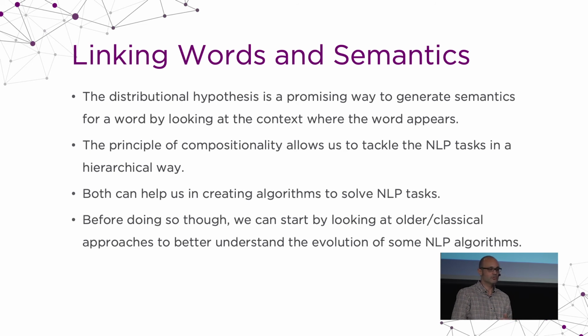The principle of compositionality allows us to tackle the NLP task in a hierarchical way, where we try to build the higher level meaning starting from the text. And these are two important ideas that are at the base of, for example, word embeddings.